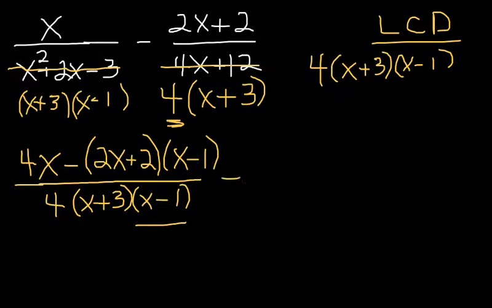Okay, now I can begin to simplify out here to the side. I'm going to put 4x, and then I'm going to make sure I keep this minus right here. I'm going to go ahead and combine the two binomials. 2x times x is 2x squared. And 2x times negative 1 is negative 2x, and positive 2x will cause those x's to just go away.